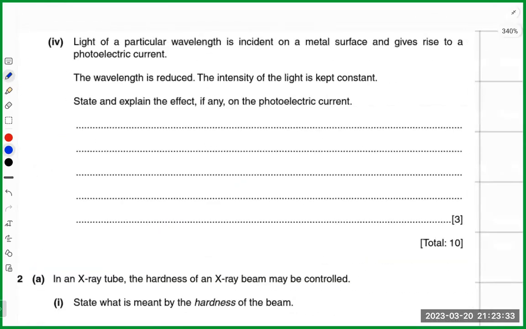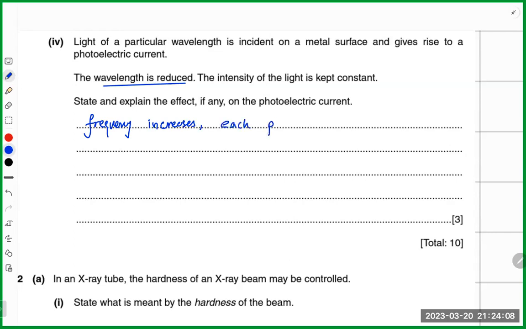Light of particular wavelength is incident on metal surface and gives rise to the photoelectric current. The wavelength is reduced, the intensity of the light is kept constant. State and explain the effect, if any, on the photoelectric current. Wavelength is reduced means frequency increases.